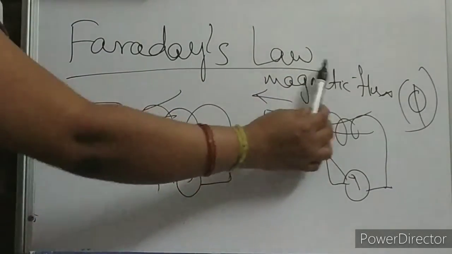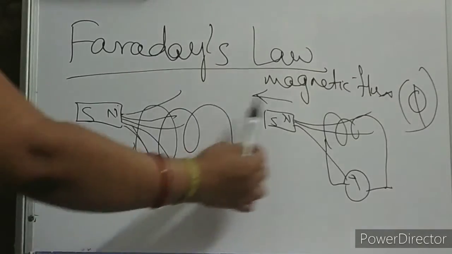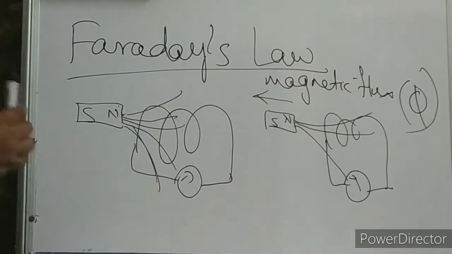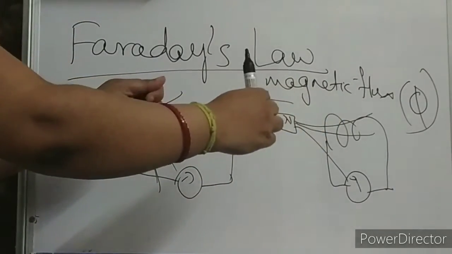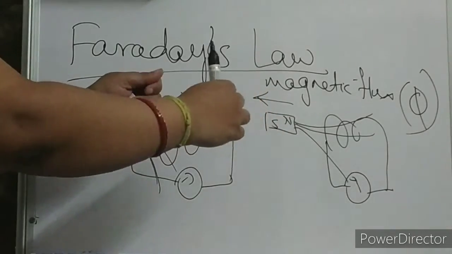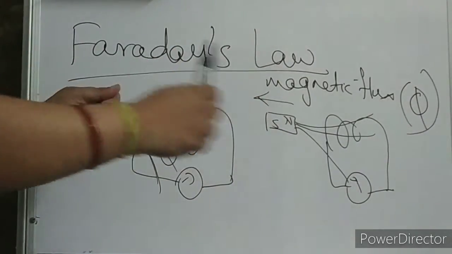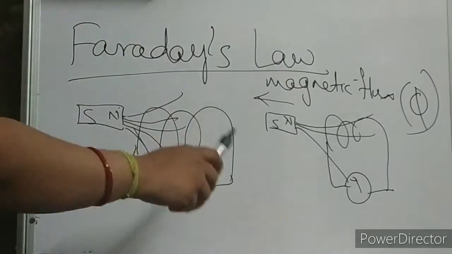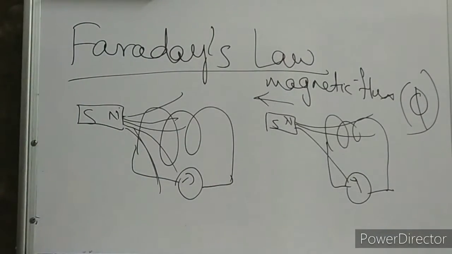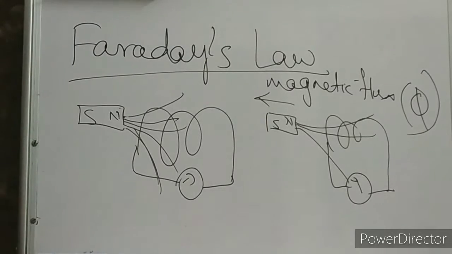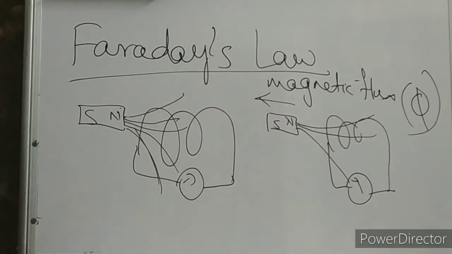How many magnetic field lines are passing through the coil, linking to the coil? When we bring the coil and magnet closer to each other, more magnetic field lines link to the coil. That means more magnetic flux linked with the coil, which means your induced current increases.